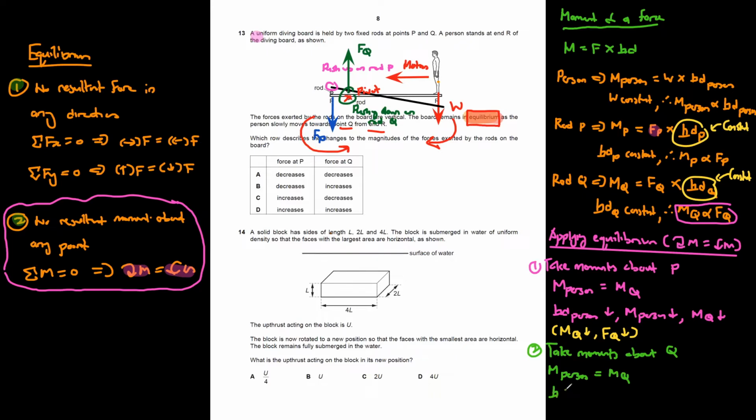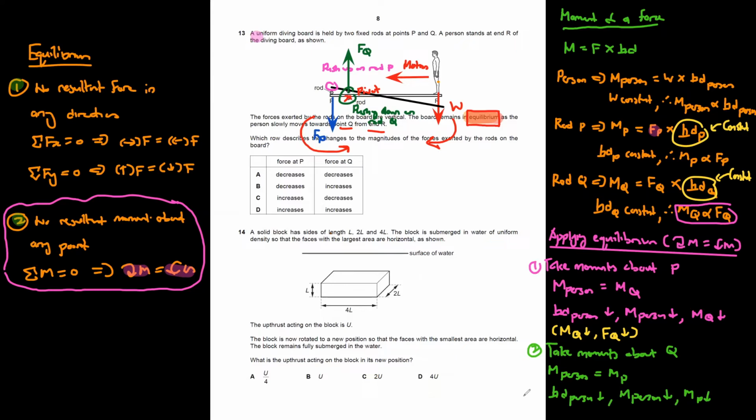Moment of person equals moment of P. Since perpendicular distance of person is dropping, the moment caused by the person is dropping. Sorry, I wrote this wrongly: the moment caused by person is equal to the moment caused by P. So if the moment caused by person drops, the moment caused by P will also drop.